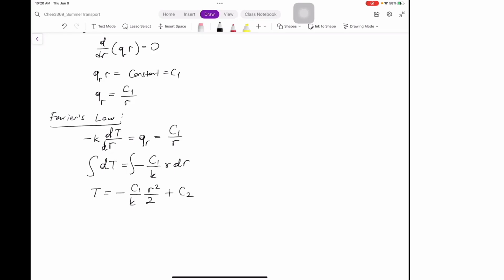plus C2, right? And you need two boundary conditions to solve for C1 and C2.